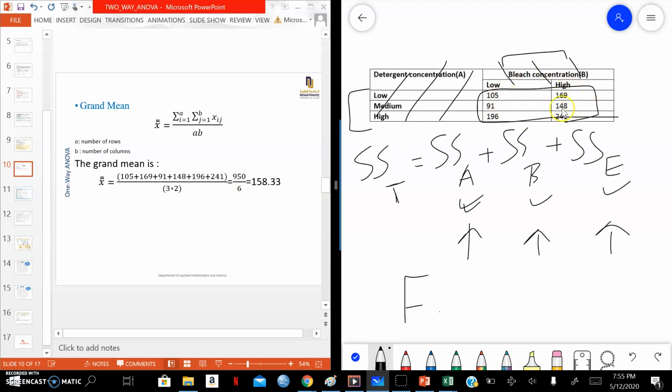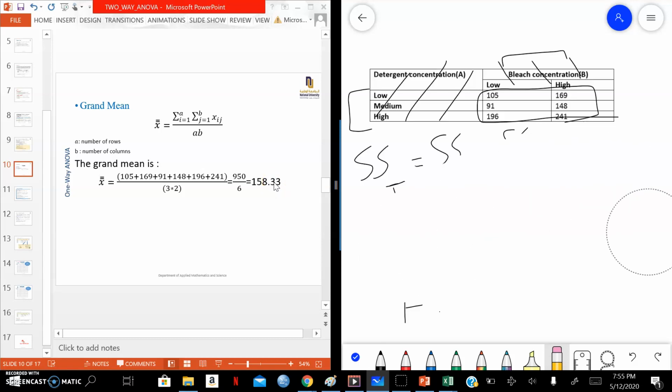You have 6 values in total, because you have 3 levels in factor A and 2 levels in factor B. So total is 6. So 950 divided by 6. This is called grand mean, and this is used later on to compute sum of the square for factor A and sum of square for factor B.